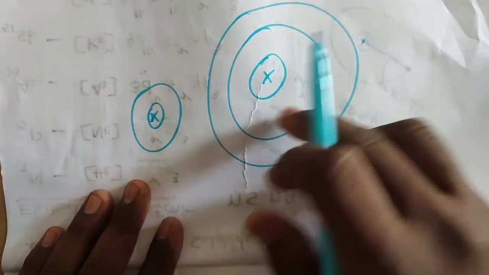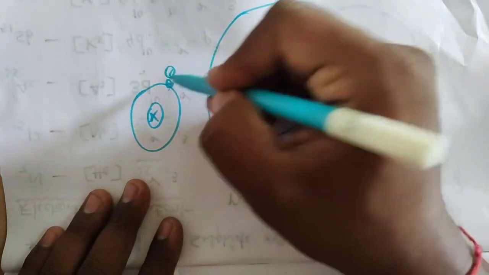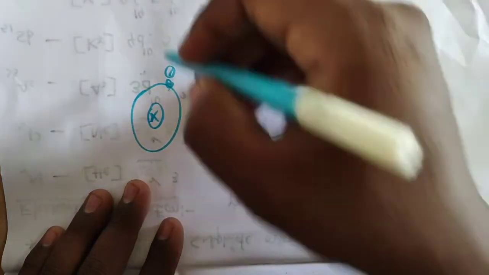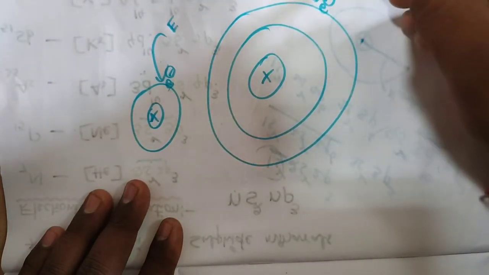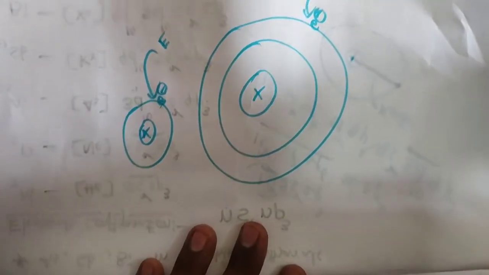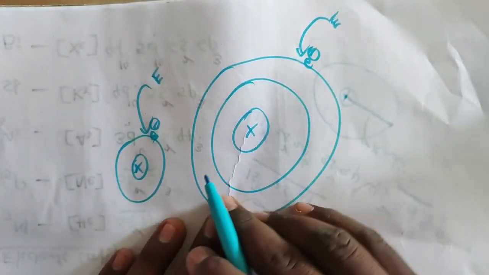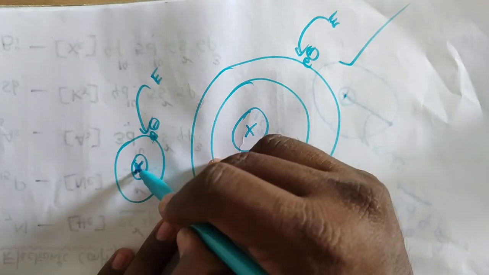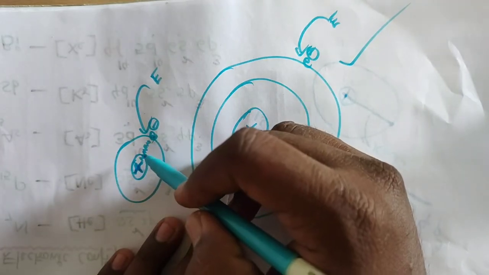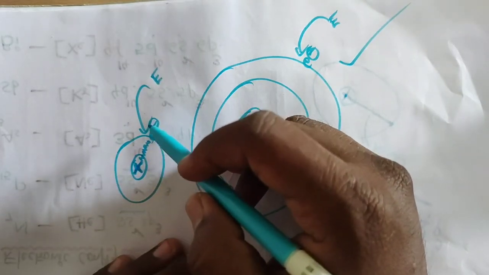This is one atom, and this is another atom. In each, an electron is present in the outermost shell, and we apply some energy to remove it. Which one is easier? This one, because in this position it is near the nucleus, so we apply a high amount of energy.